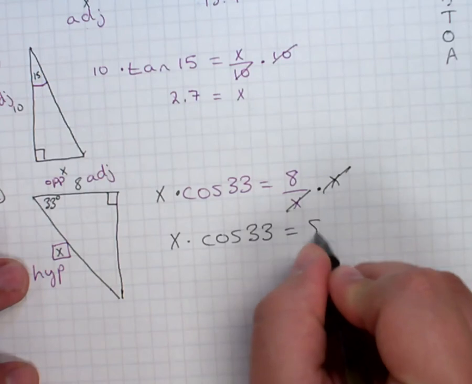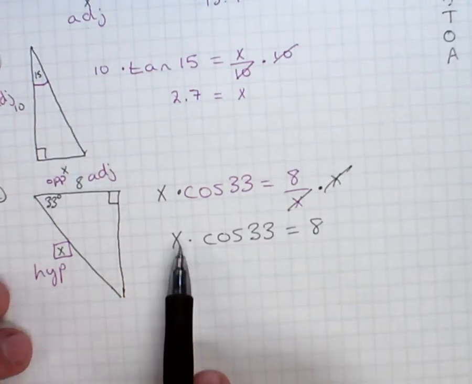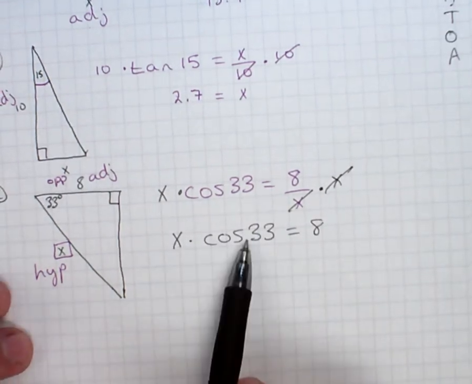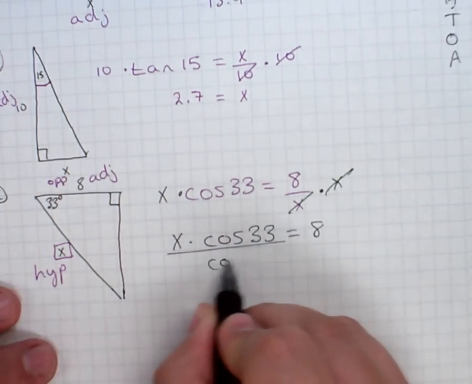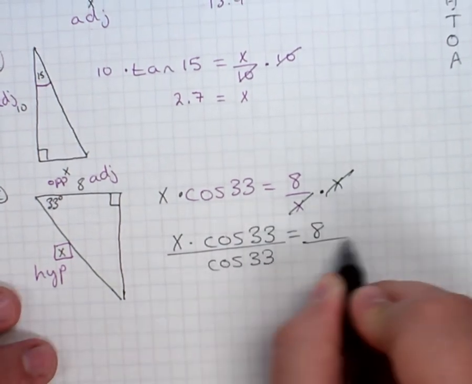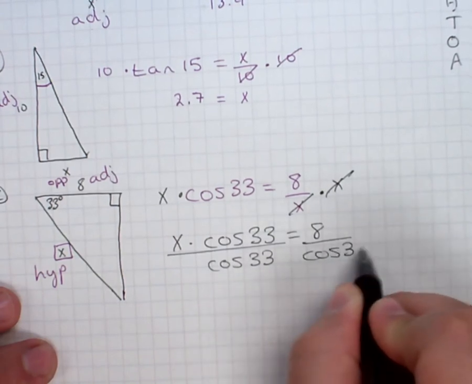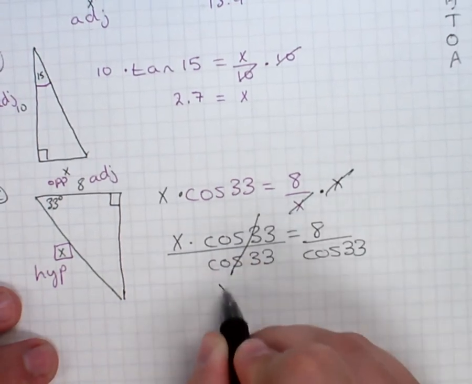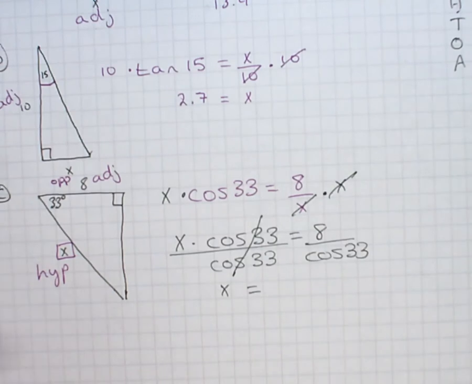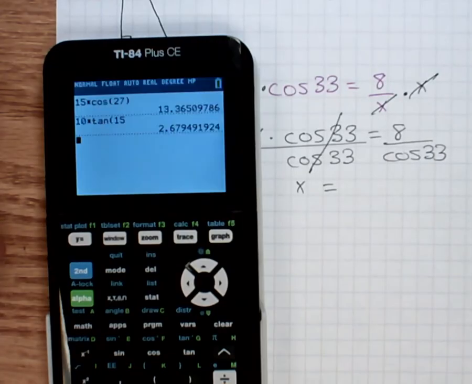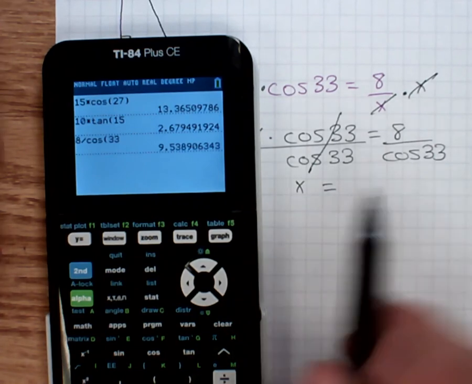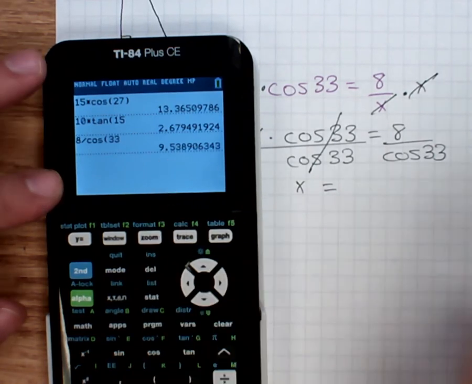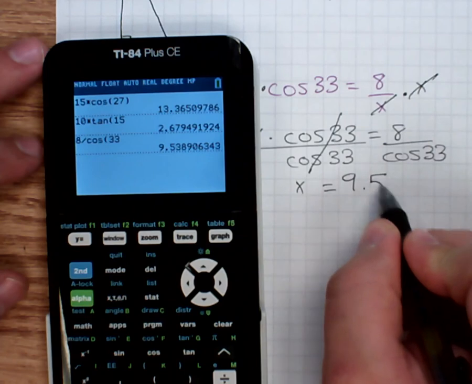And you divide by cosine of 33. Correct, because this is just like saying x times a number. So you'd normally just divide by that number. Divide by cosine of 33. Okay, so I have 8 divided by cosine of 33, and I have 9.53, so 9.5.